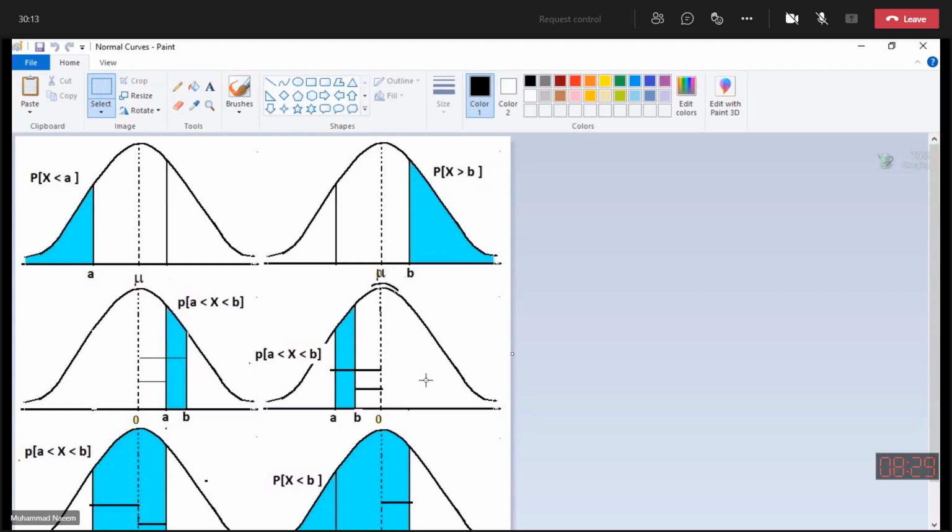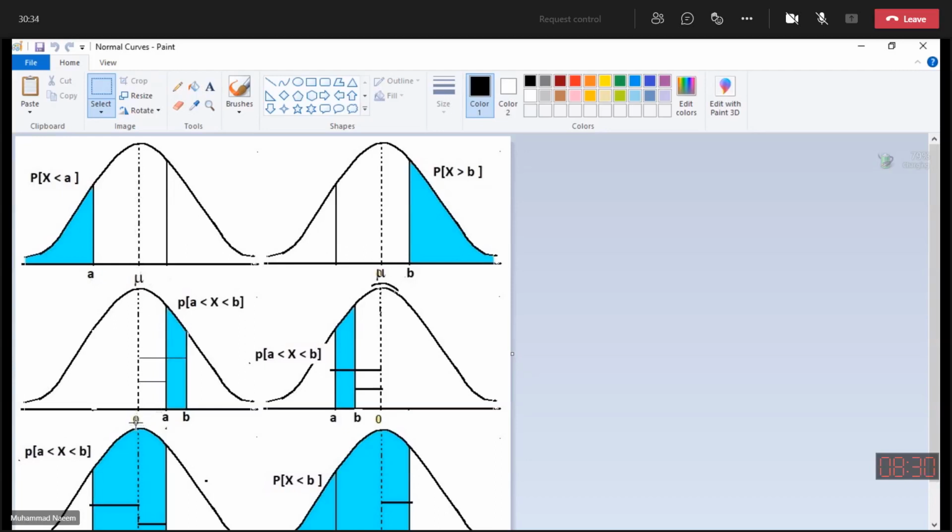So what will be this change? When we reflect this area in the right half, all the points are negative when we change our variable in terms of z. What is the reason?